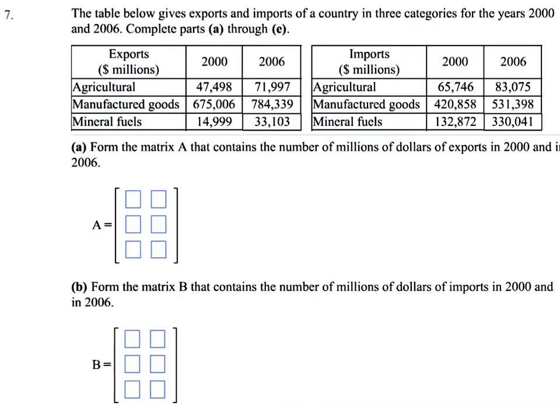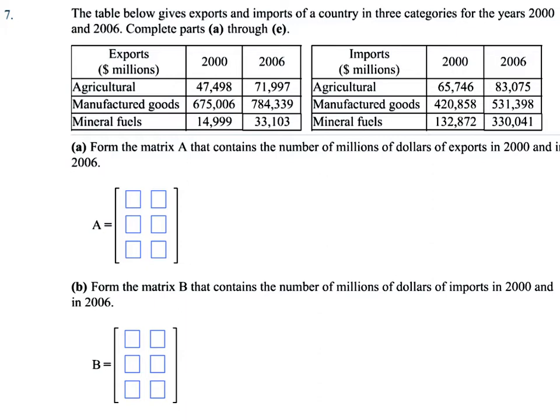Okay, the final question we want to look at is number 7. And we're given 2 tables here, one of exports and one of imports of a country in 3 categories for the years 2000 and 2006. Now, exports are monies that are sent out of a country, and imports are monies that are brought into a country.